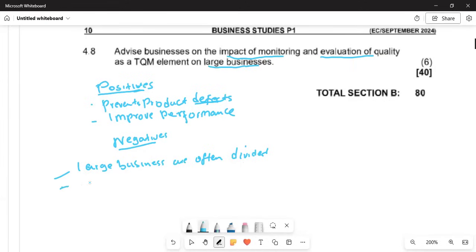That is a disadvantage of it. It is also difficult to get everyone to communicate effectively.